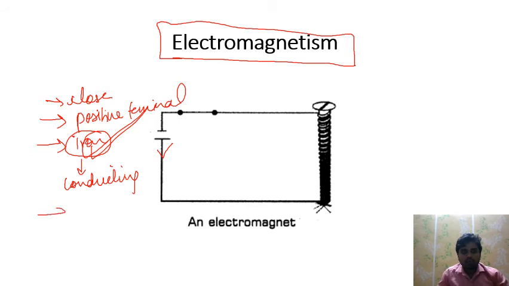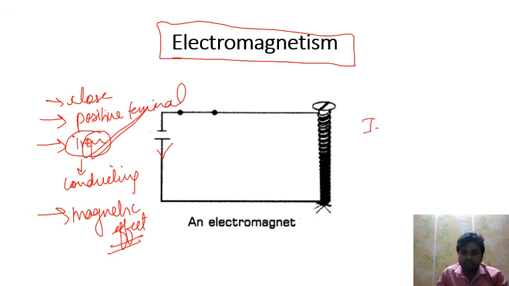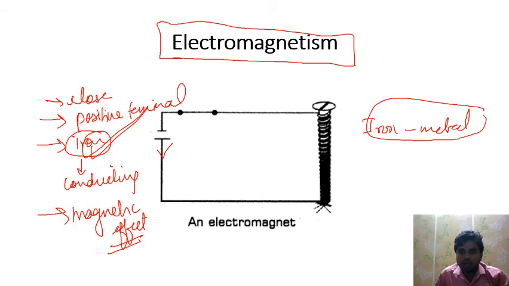Okay. Now the current flowing in this wire will give which effect? Yes, it will give a magnetic effect. So students, we all know that iron is a metal. So when this wire is wound around this nail and there is a flow of current, then this nail will become a temporary magnet.